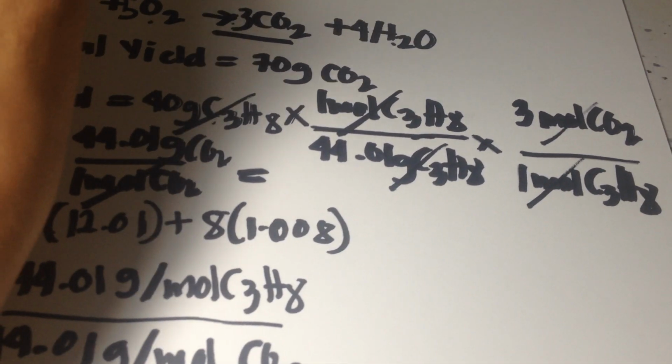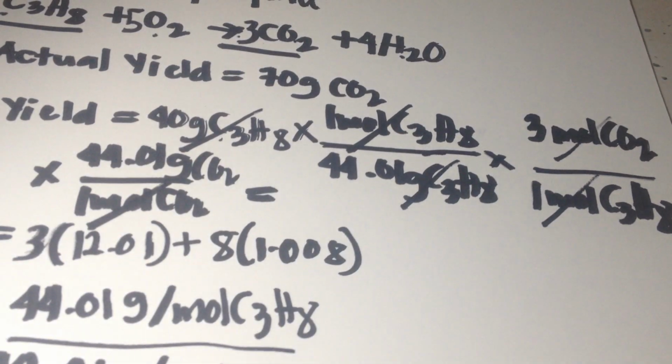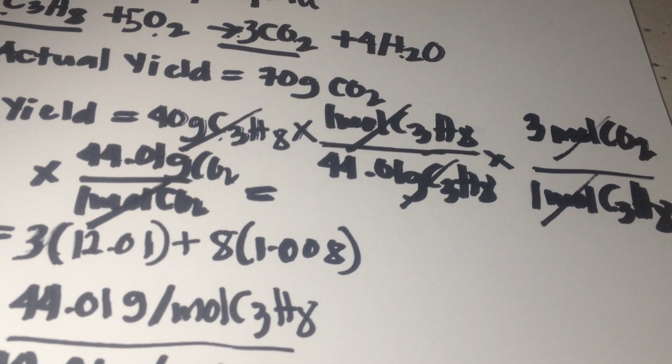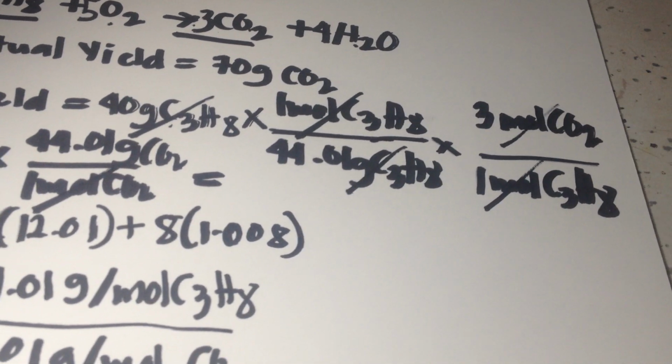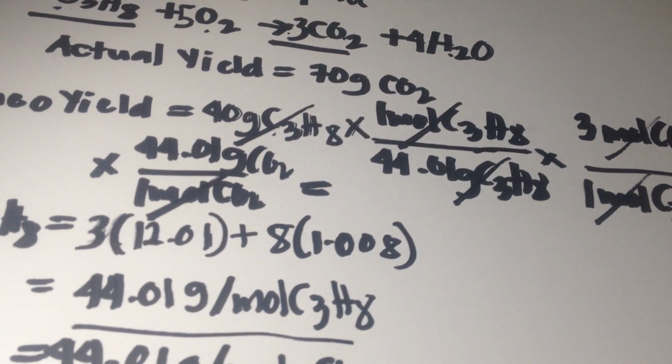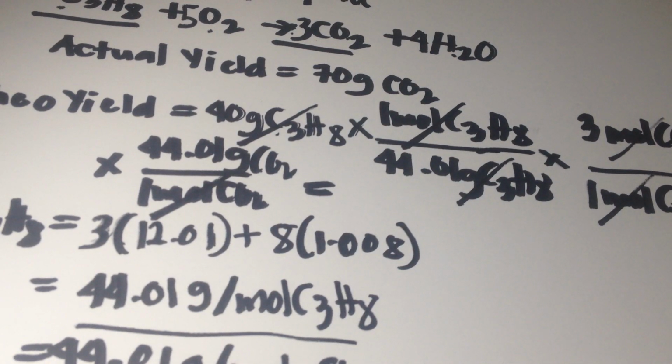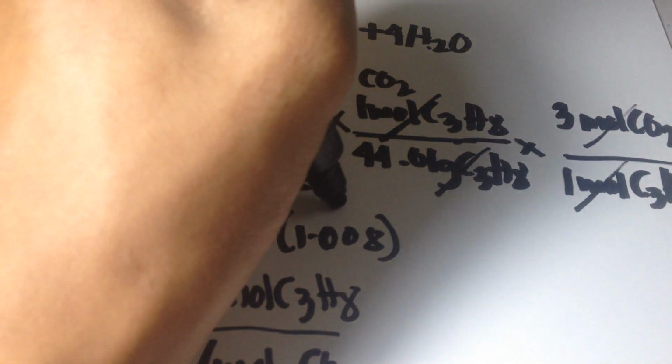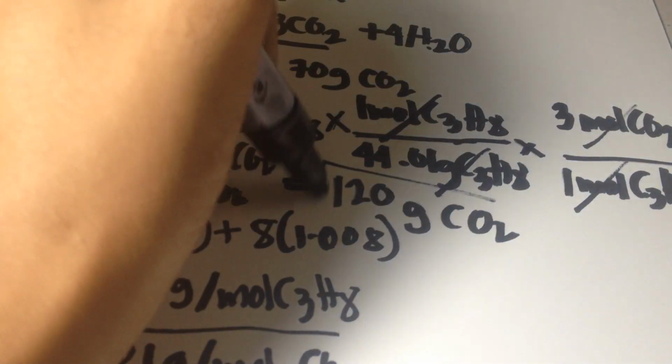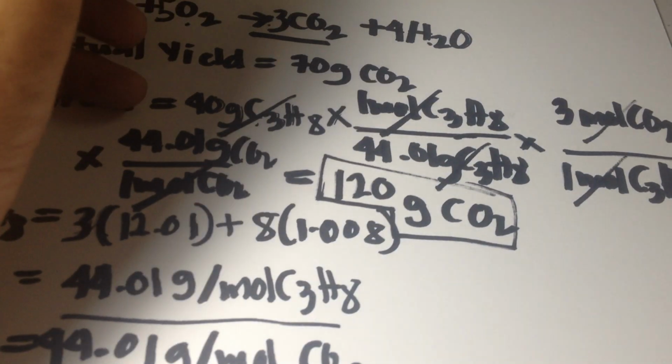So from 40 divided by 44.01 times 3 times 44.01 over 1, is equal to 120 grams of carbon dioxide. So this is your theoretical yield.